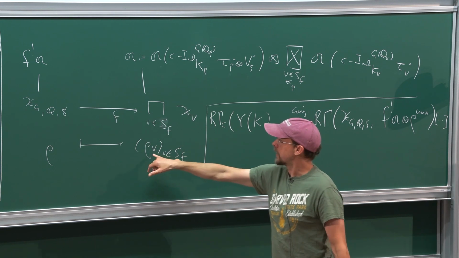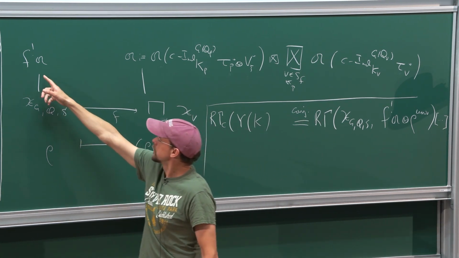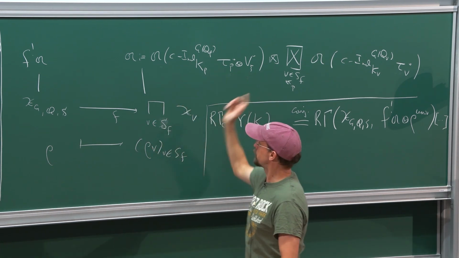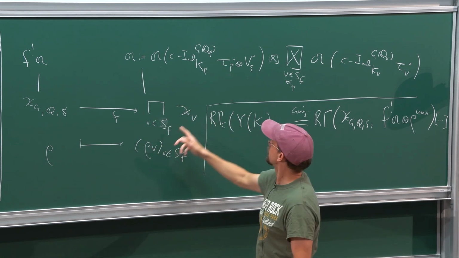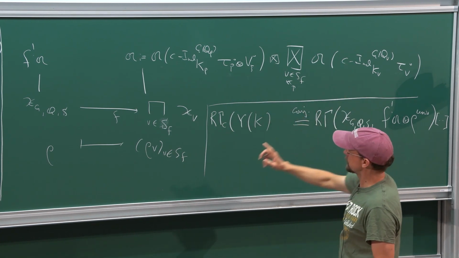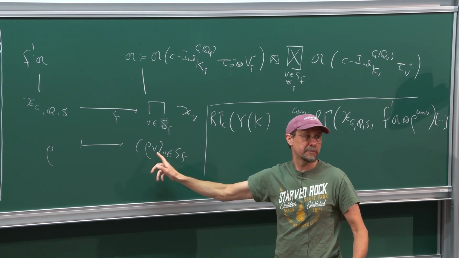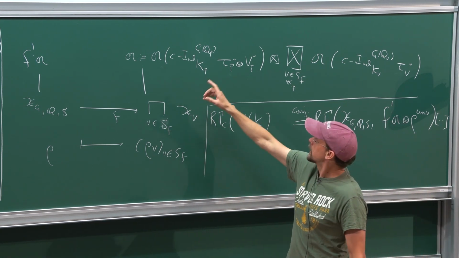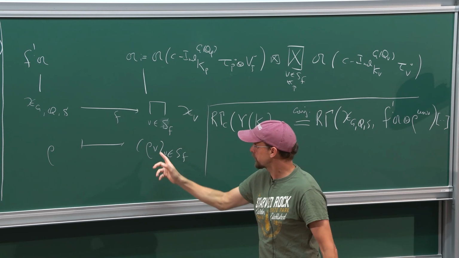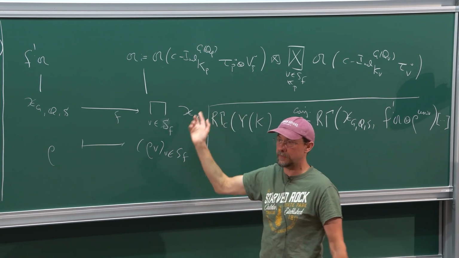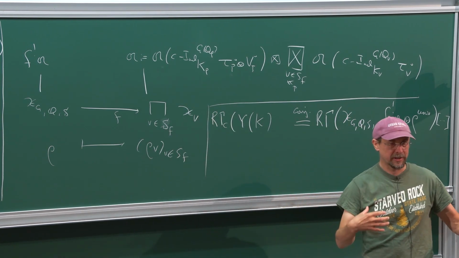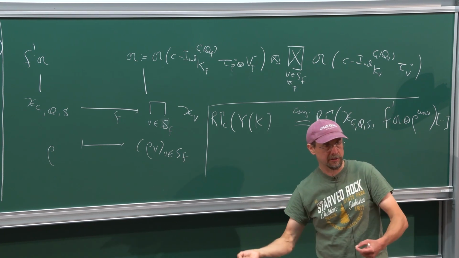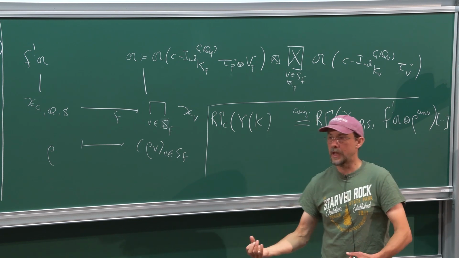This will be supported at rho, more or less, if this is supported at the rho_v's, and that will happen if each of these is individually supported at the corresponding particular rho_v. Well, that will happen if this rho_v is in the support of this coherent sheaf. So there's a question of which Galois representations on the space of parameters are in the supports of these coherent sheaves that these functors are producing.